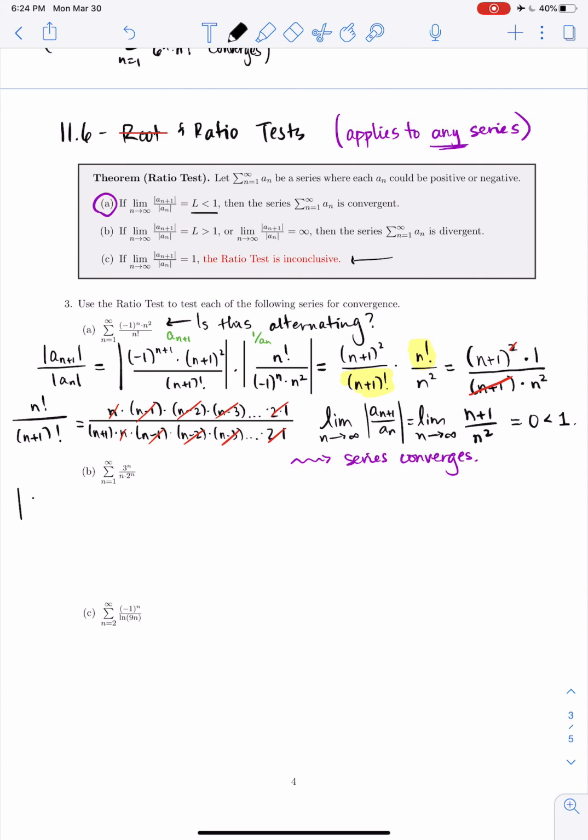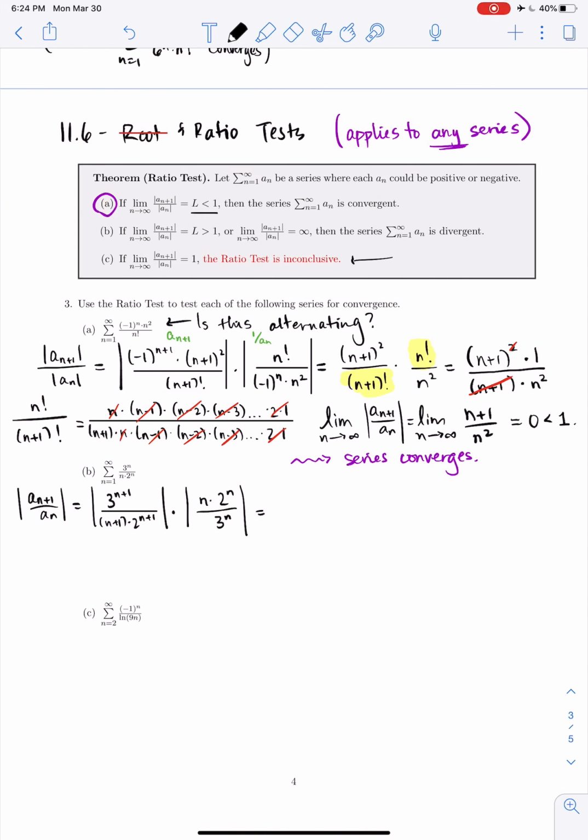So looking at the n plus first term compared to the nth term in the sequence, not the series, but the sequence, we have 3 to the n plus 1 all over n plus 1 times 2 to the n plus 1. And just like before, I'm going to multiply a sub n plus 1 by 1 over a sub n, so the reciprocal of the nth sequence term.